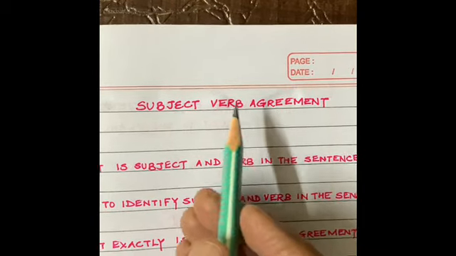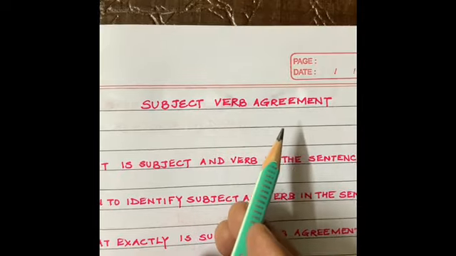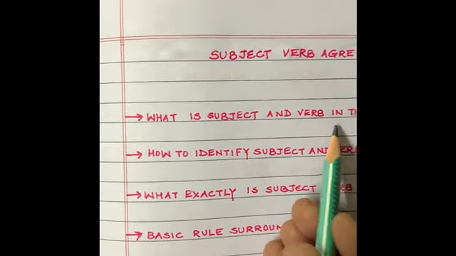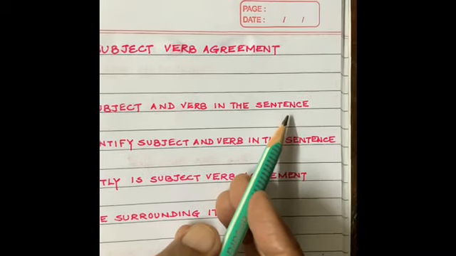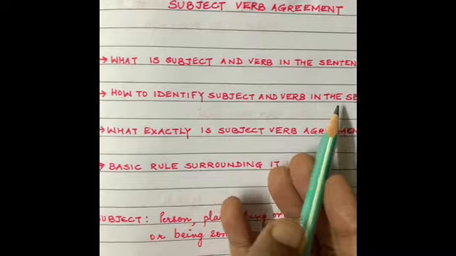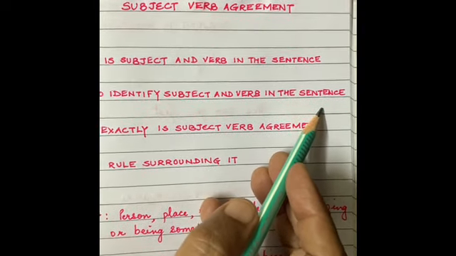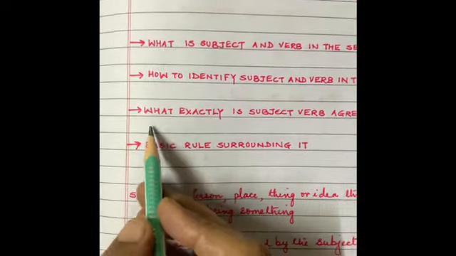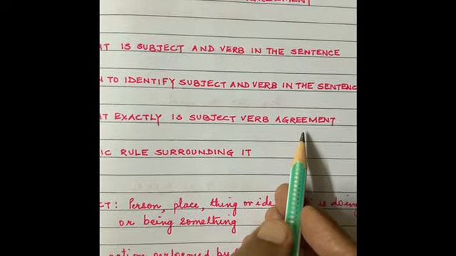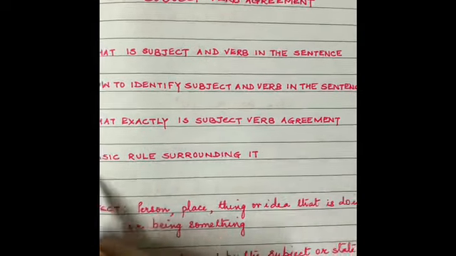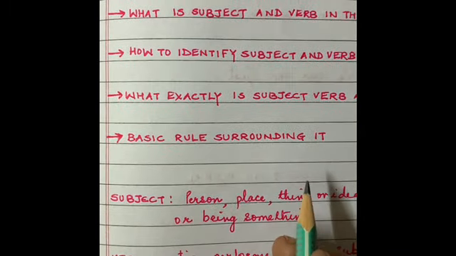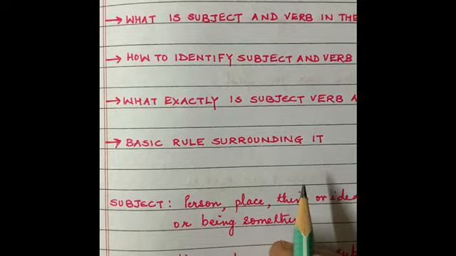But before understanding it, we will understand what is subject and verb in the sentence and how to identify subject and verb in the sentence. Then we will understand what exactly is subject-verb agreement and the basic rule surrounding it. So, without further ado, let's get started.